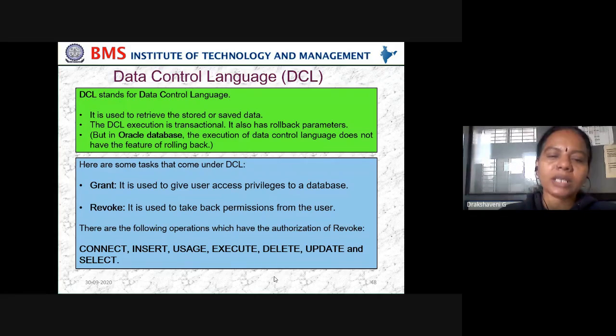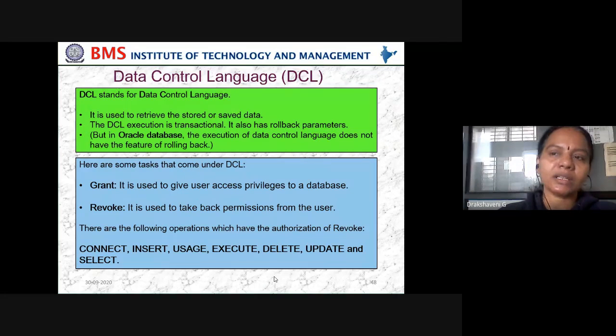Here are some tasks that come under DCL: grant and revoke. What is grant? It is used to give a user access privilege to a database. Revoke is used to take back permissions from the user. Then you can use the following authorizations, that is connect.